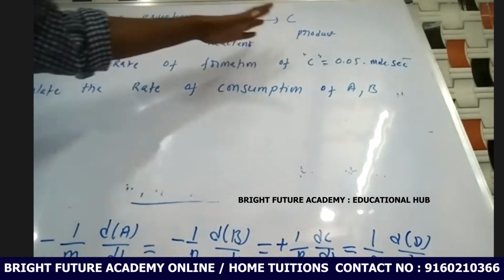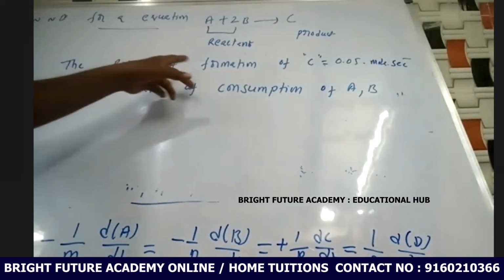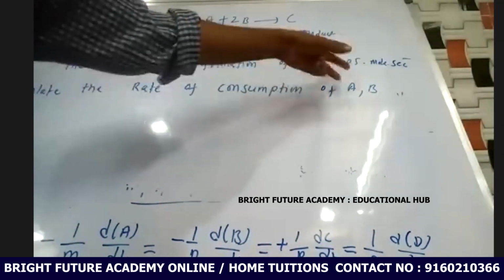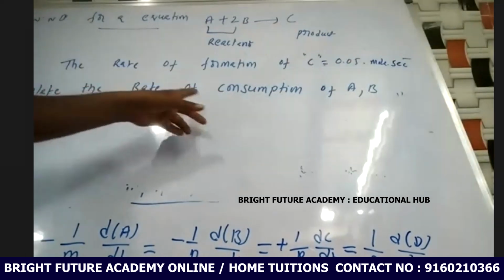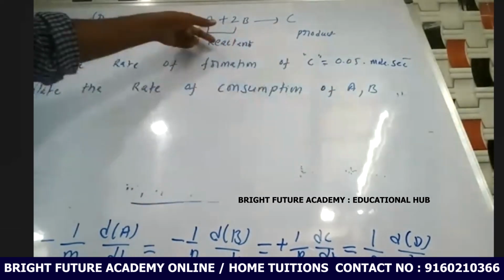The rate of formation of C is given, so we have to find out the rate of conversion of A and B.